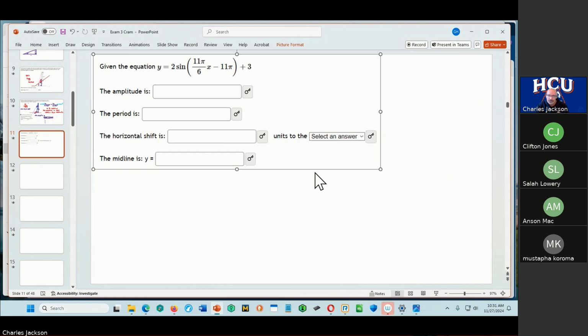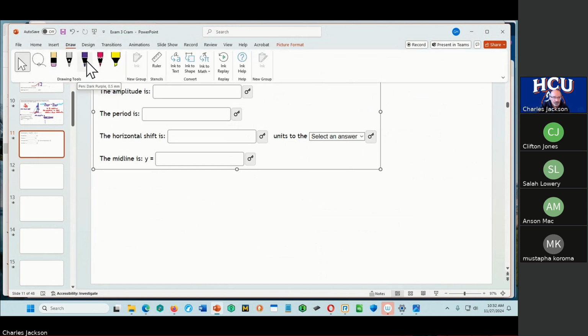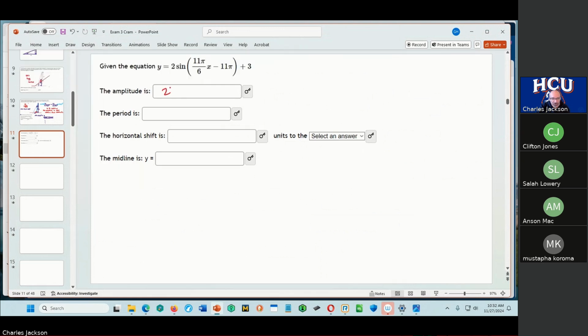Amplitude. Well, it's just that 2 that's right there. Period. So period is 2 pi over b for a sine, right? If it were a tan, it would just be pi. But for a sine or a cos or a secant or a cosecant, it's 2 pi over b.